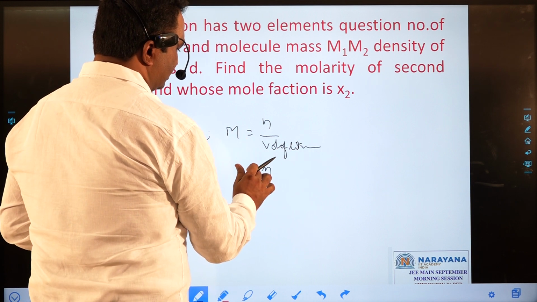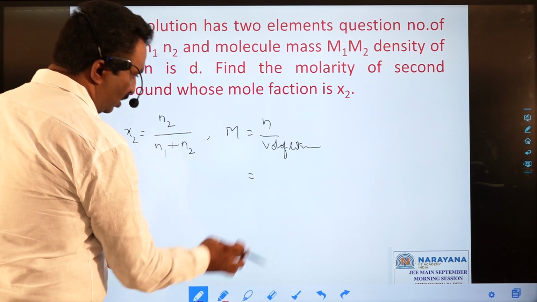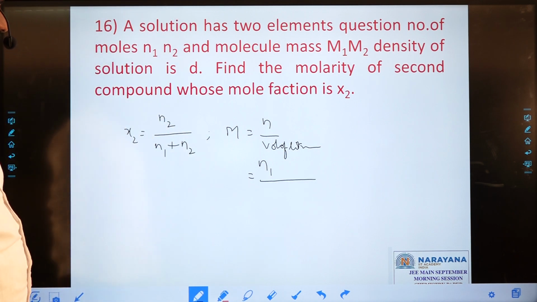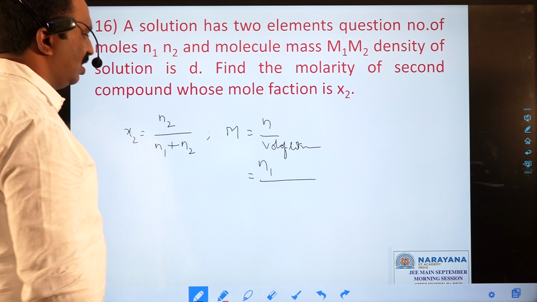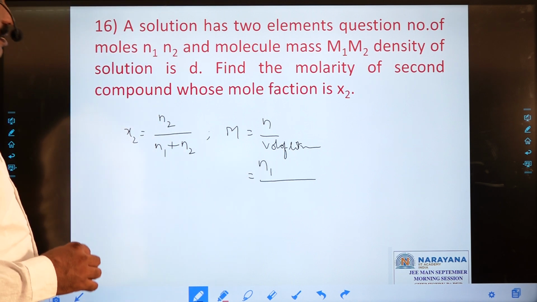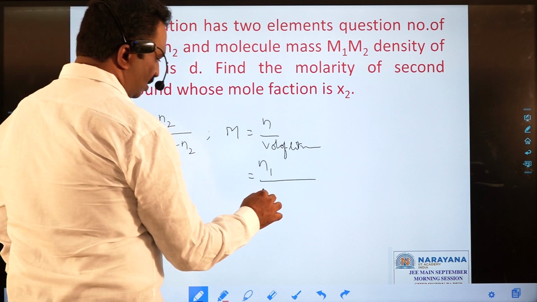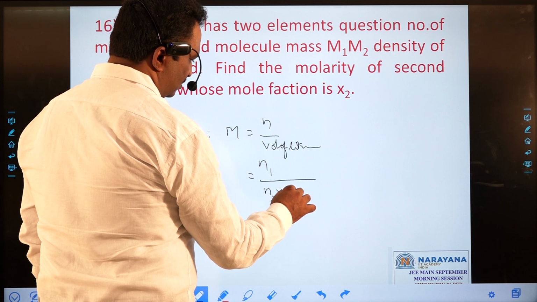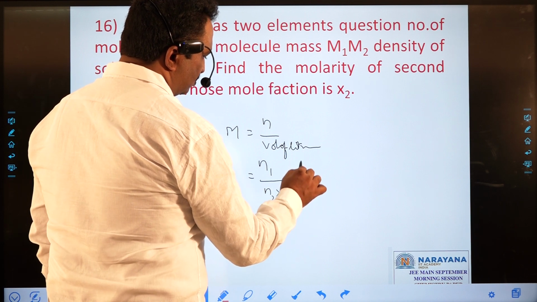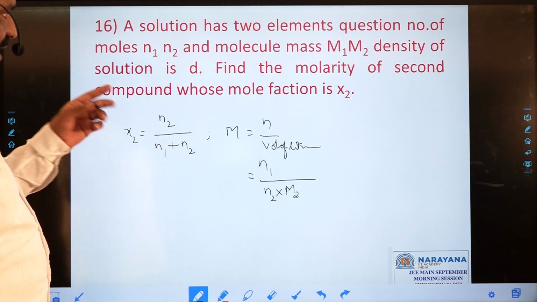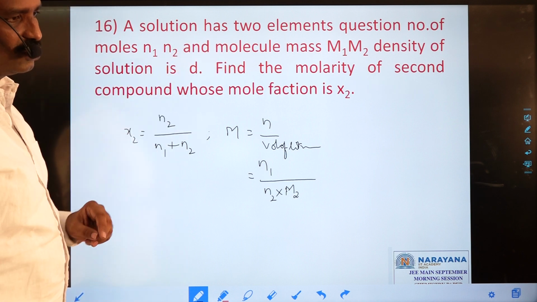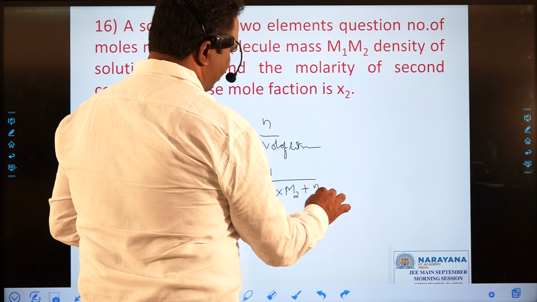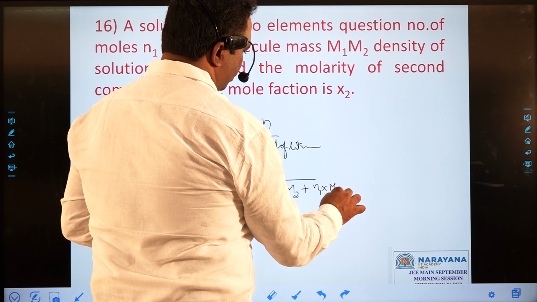So N1, that is number of moles of solute, by, consider the second one is solvent. So solvent, it was given molecular mass and number of moles. So number of moles multiplied by molecular weight M2 gives the mass of second, that is solvent, and mass of the solute is N1 into its molecular weight.